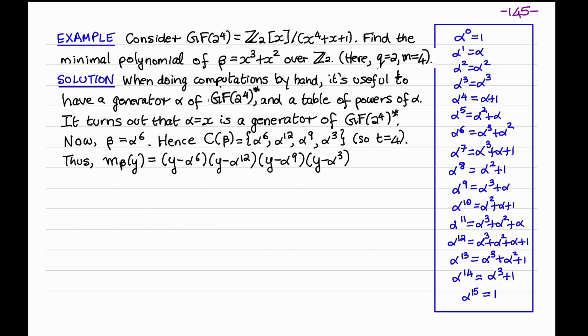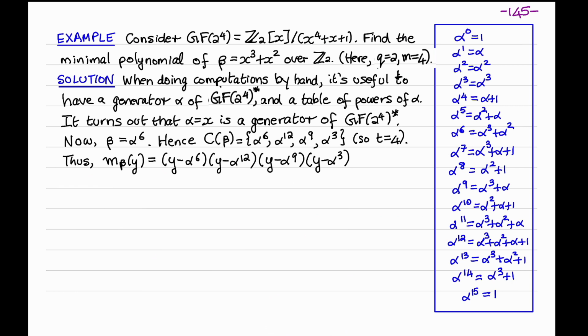I'll next do an example of computing minimal polynomials. We'll consider the finite field GF(2 to the 4), represented as polynomials over Z2, modulo this irreducible degree 4 polynomial. We've seen this field in previous lectures. Let's find the minimal polynomial of the element beta, which is x cubed plus x squared, over Z2.